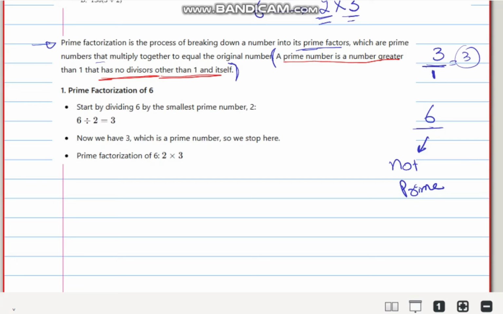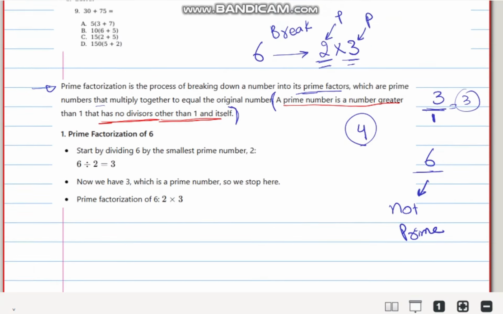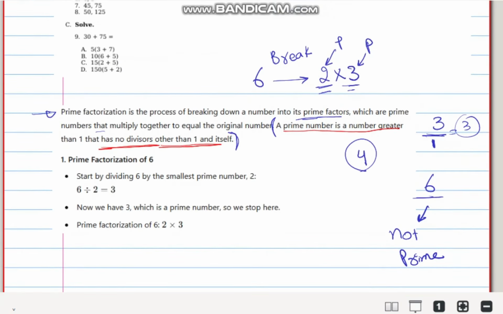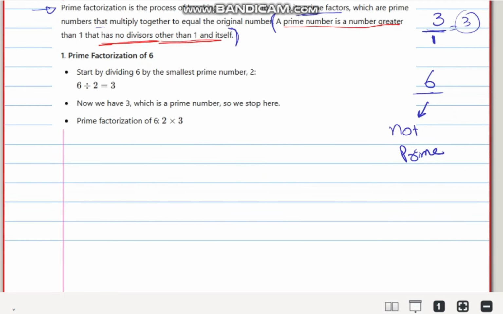Again, what do you think about 4? Is it a prime number or not? Zala? Sir, it's not. Yes, very good. It's not a prime number. And what about 8? A prime is a number which cannot be divided by any other number.